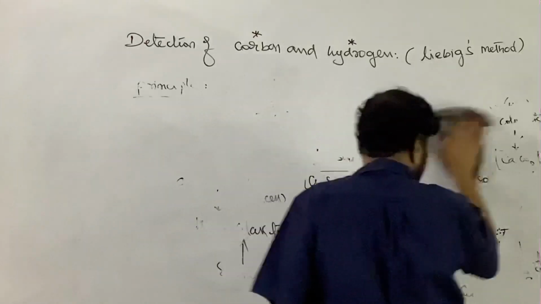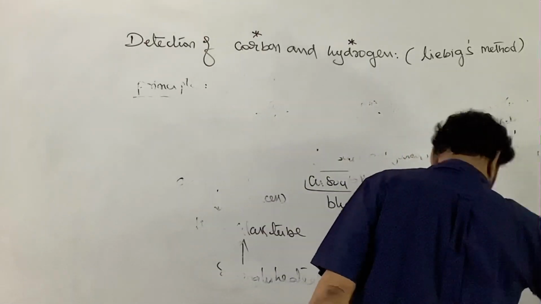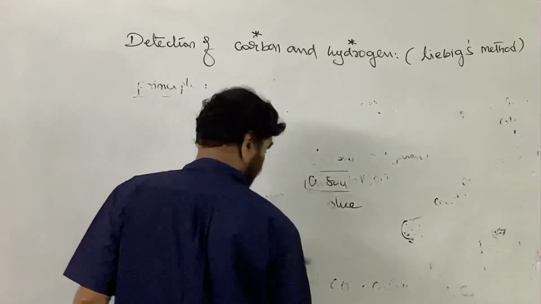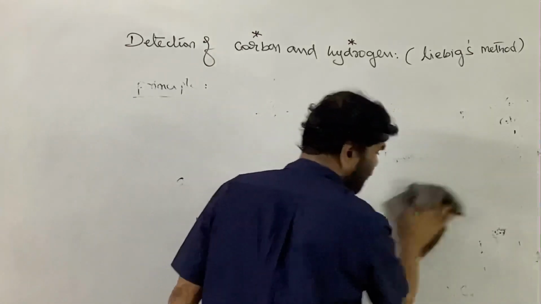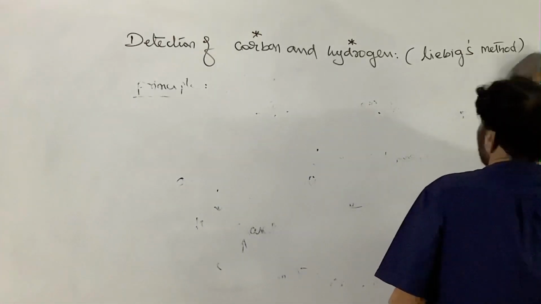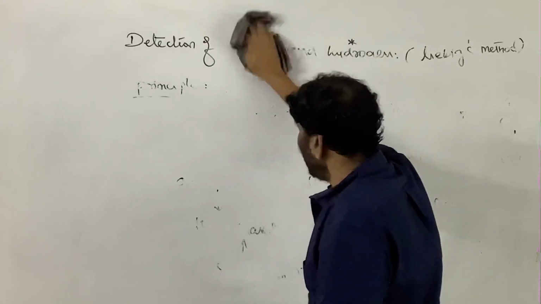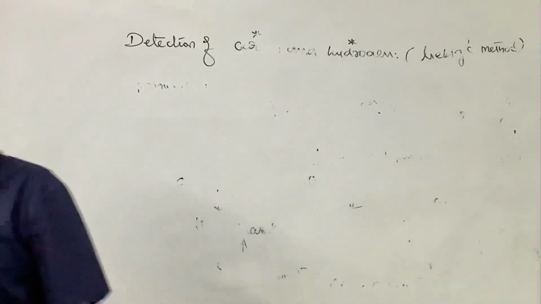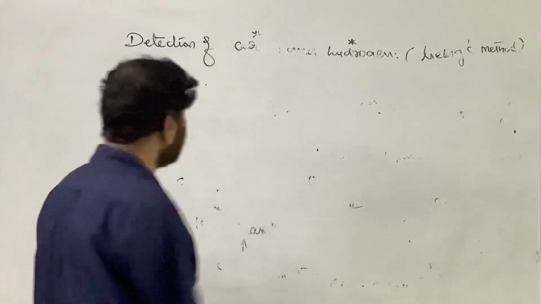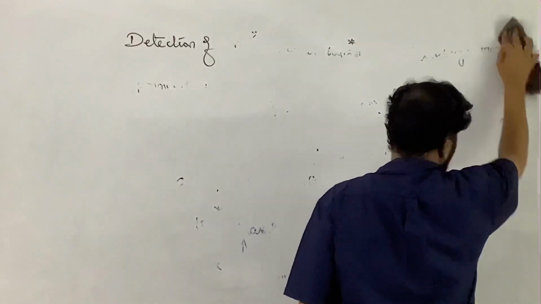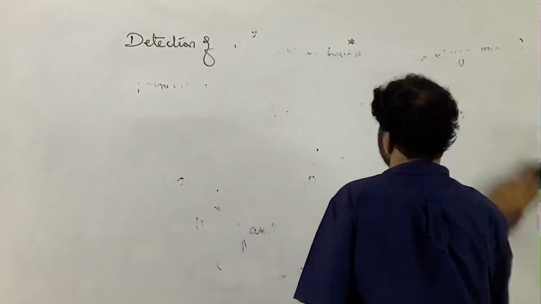So the next one is the other elements, the heteroatoms. Carbon and hydrogen are considered the family members of the organic class of compounds.